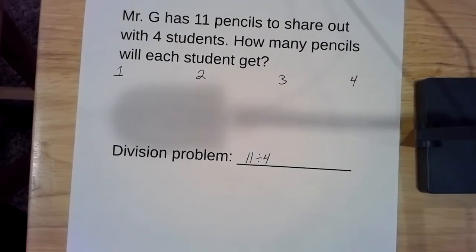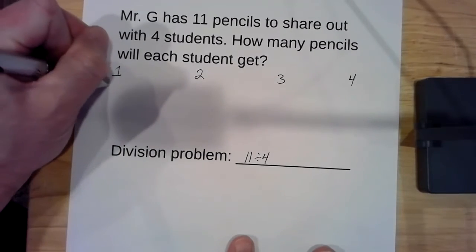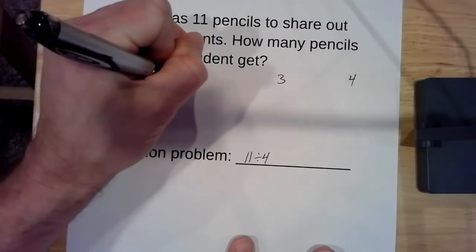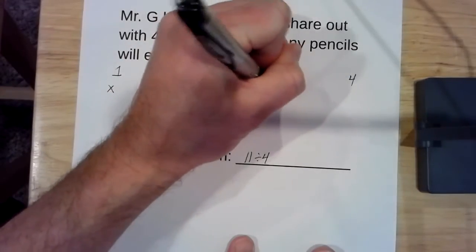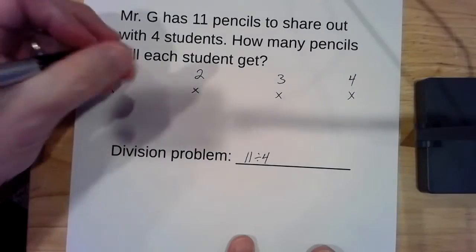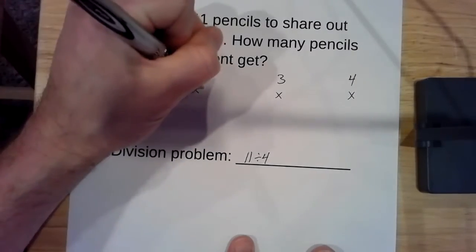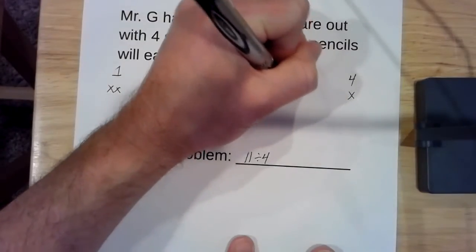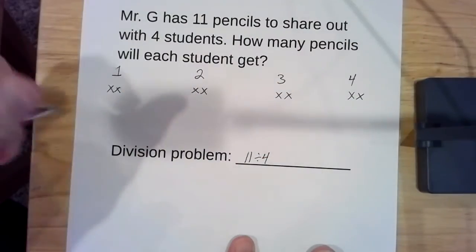Now I'm going to use X's again for my pencils, and I have to share out 11 evenly. So this student would get a pencil. This student would get a pencil, that student, and that student. So far, I've used 4 pencils, 5 pencils, 6, 7, 8.